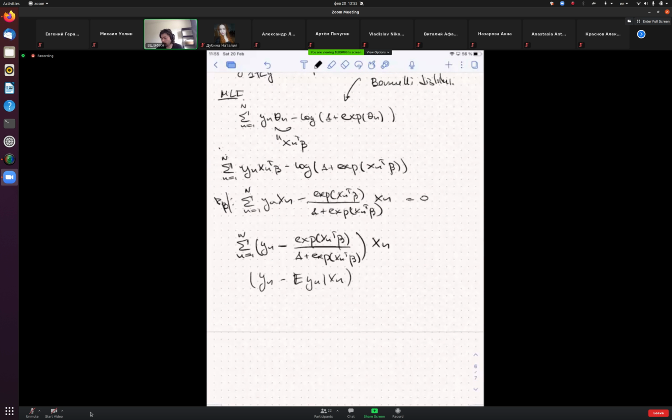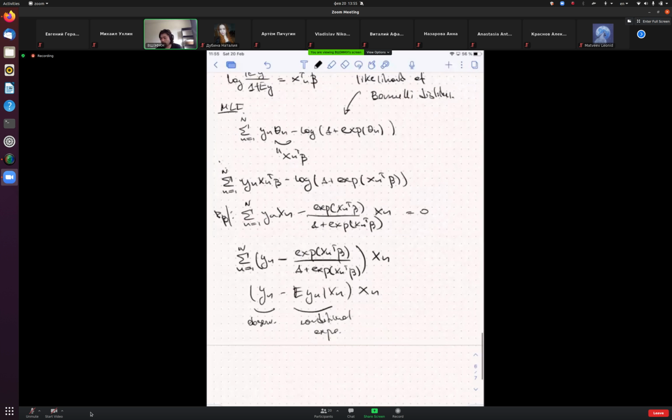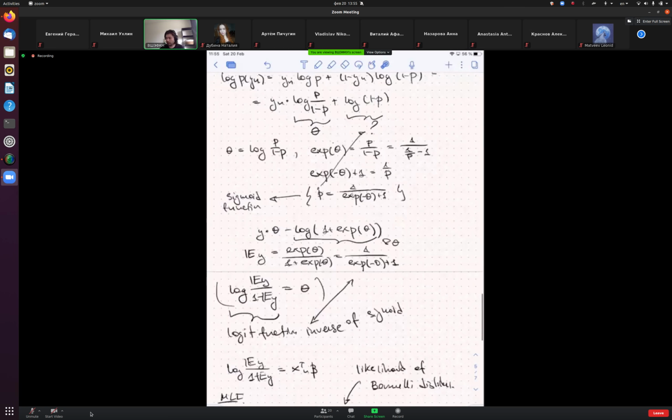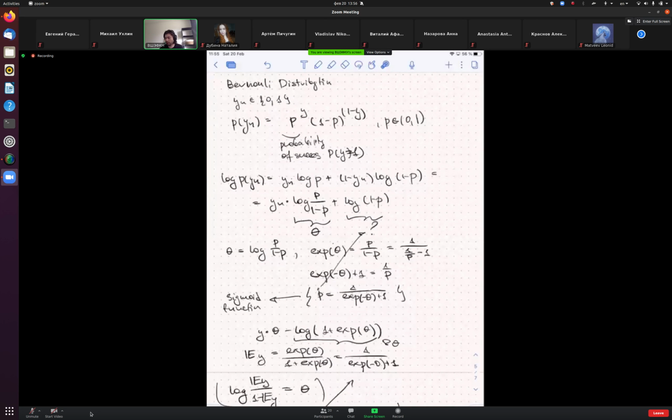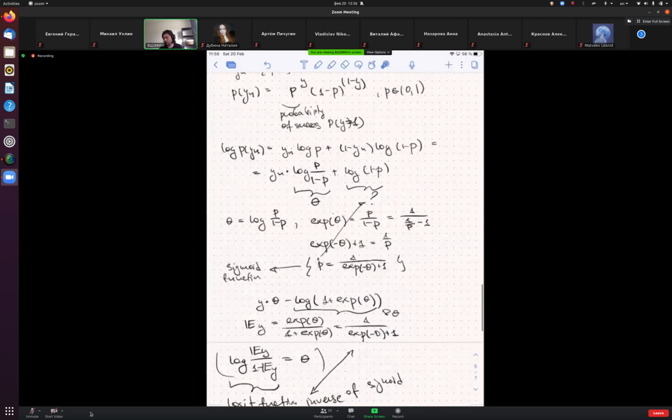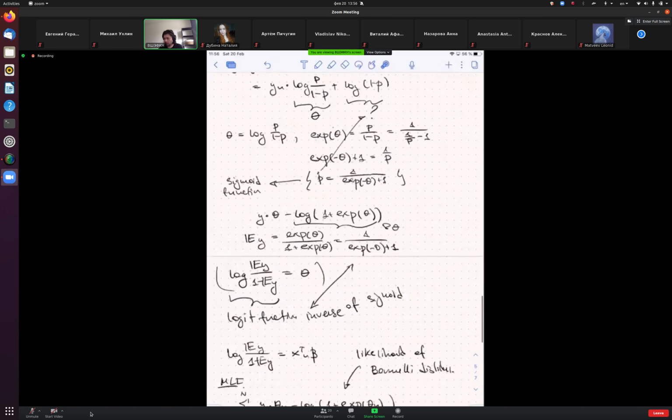And again, inside we have the difference between our observation and the conditional expectation, multiplied by the features. Let me stress that this is the same for logistic regression, which is a classification problem for binary outputs, and for Poisson regression, which is a regression problem, not classification, for outputs which are integers.